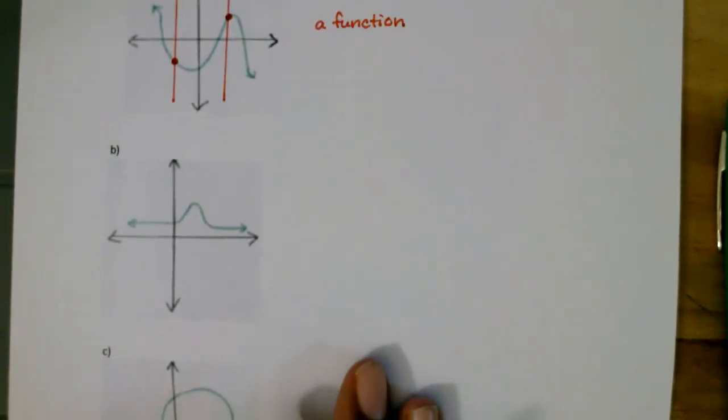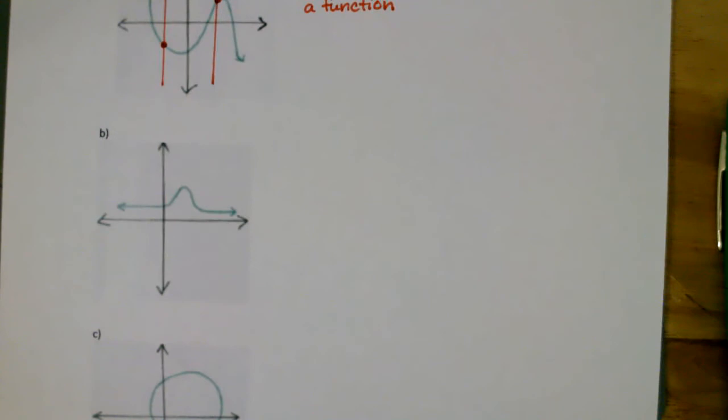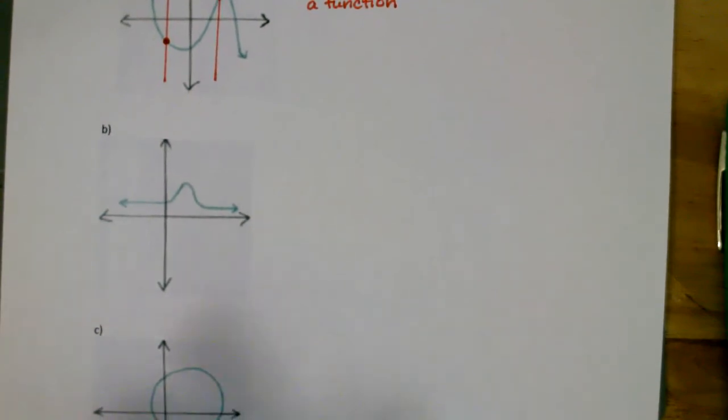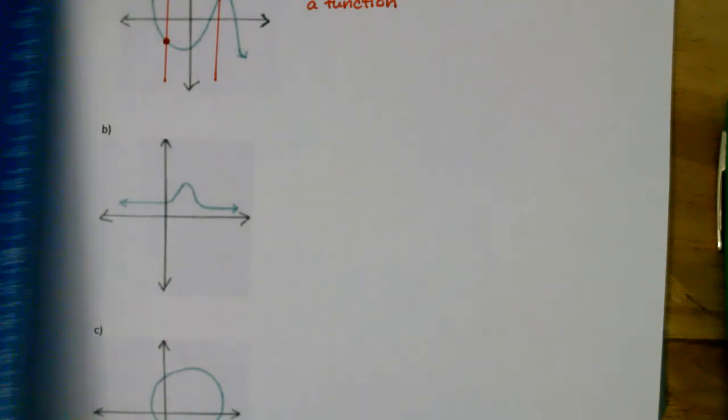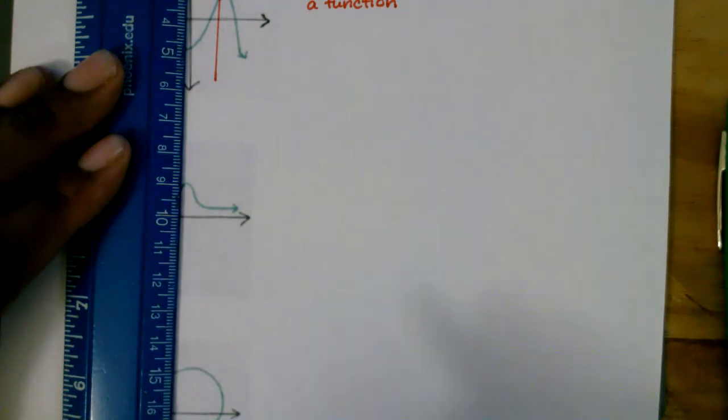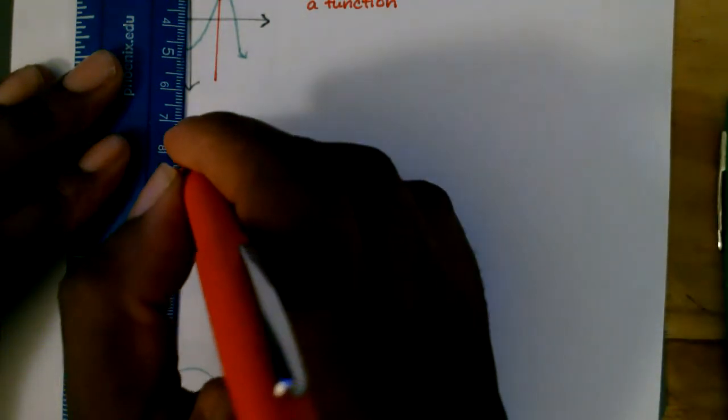Okay, here's another example, part B. Here I want to determine whether or not that graph represents a function using the vertical line test. And notice I'm going to draw the vertical line near this hump.